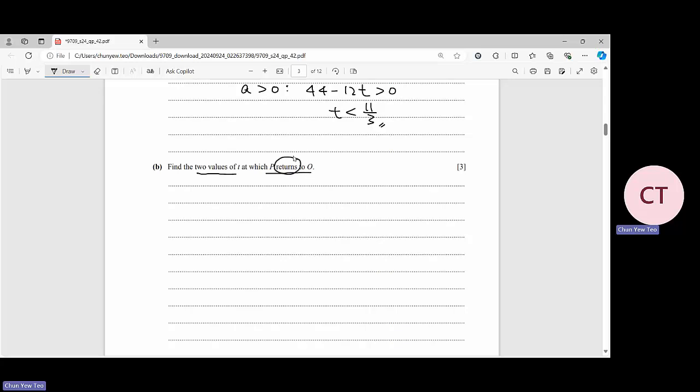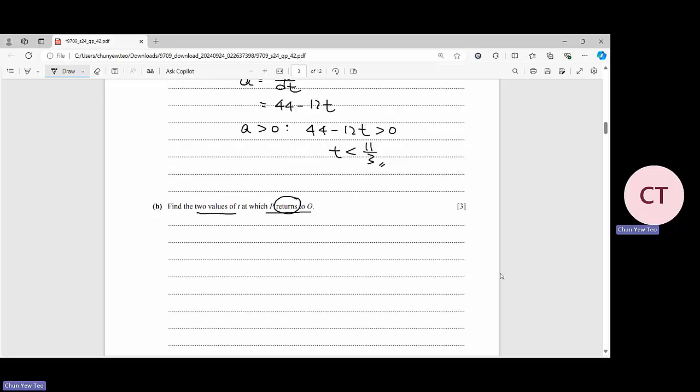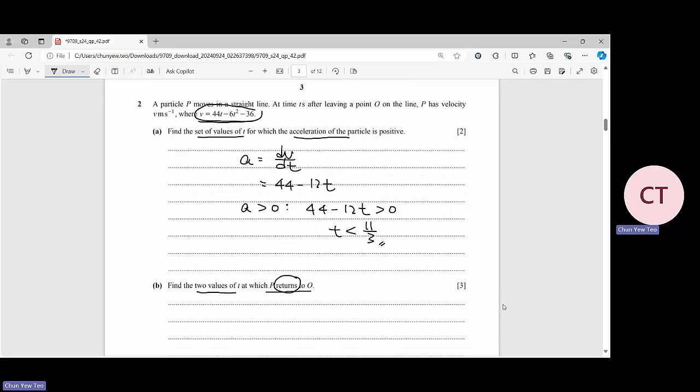So they say return to O. For this question, returning to O means that the displacement is equal to 0. So displacement equal to 0, we need to find x. We make our displacement x equal to 0.